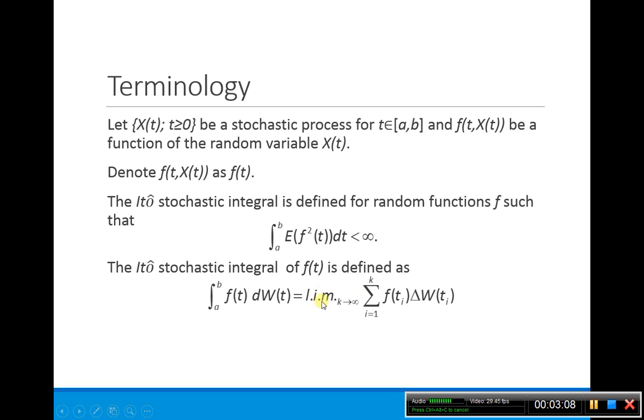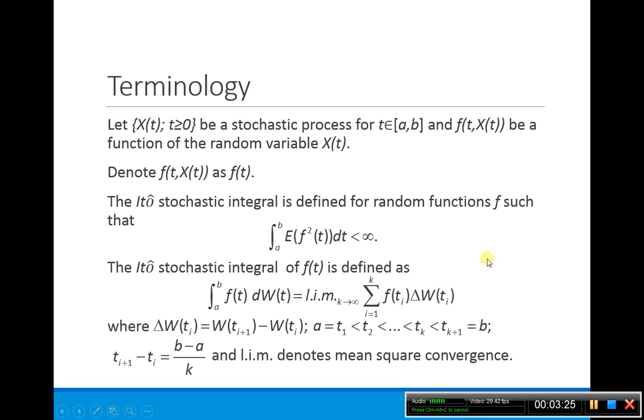Here I have l.i.m. This is a different type of limit than the typical limit, and I'll talk about that in a second. It's the limit as k goes to infinity of this summation. This summation looks a lot like what you had for Riemann calculus, your ordinary calculus, where here this delta w is just w of t_(i+1) minus w of t_i, similar to the way we had delta t, which was t_(i+1) minus t_i.